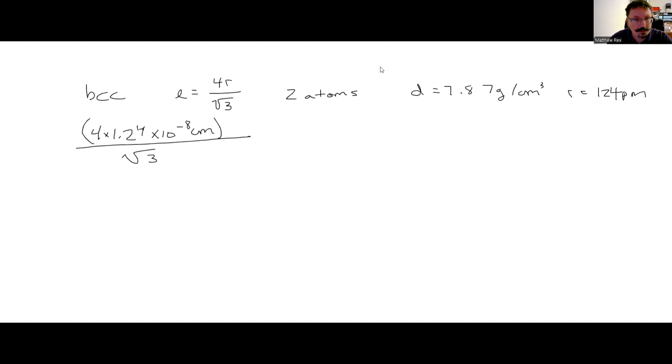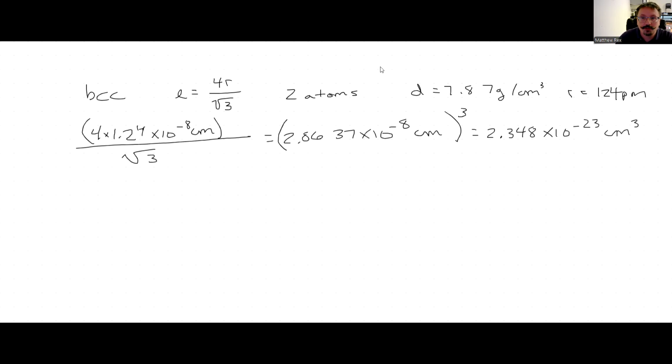That gives us an edge length of 2.8637 times 10 to the -8 centimeters. And then if I want to find the volume, I'm going to take the length times the width times the height. They're all the same, so I'm just going to cube that value and get 2.348 times 10 to the -23 centimeters cubed.